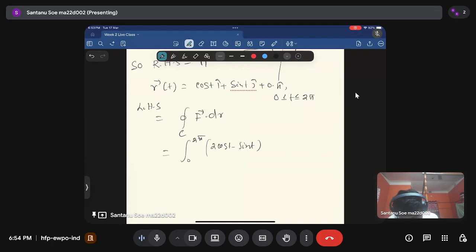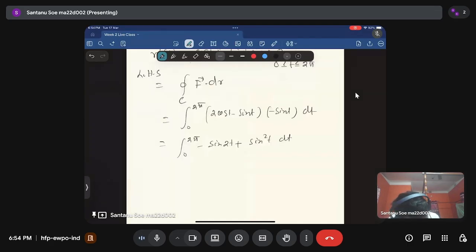And this can be written as the integral from 0 to 2 pi of minus sin 2t plus (1 minus cos 2t) divided by 2 dt. Okay, so this is cos 2t by 2 plus t by 2 minus sin 2t by 4, from 0 to 2 pi.